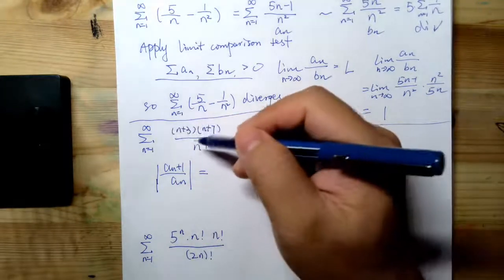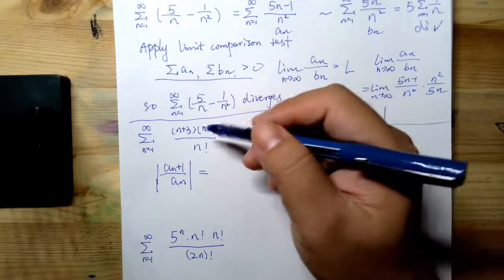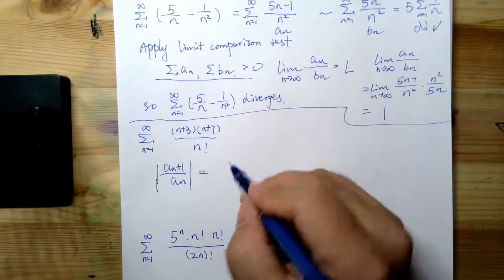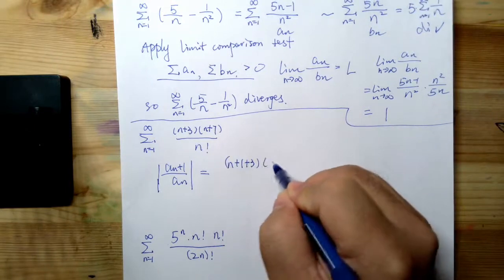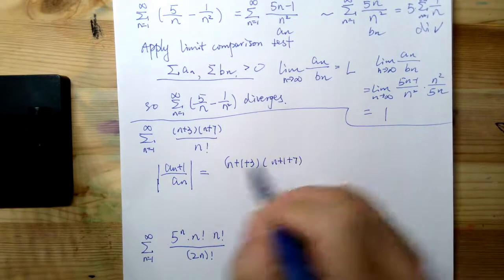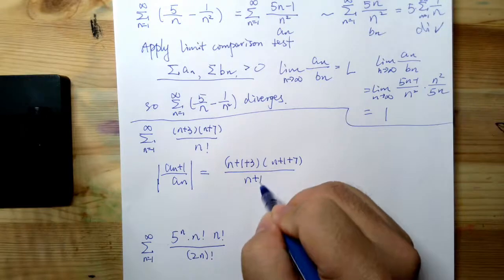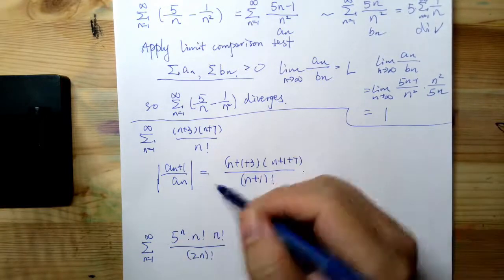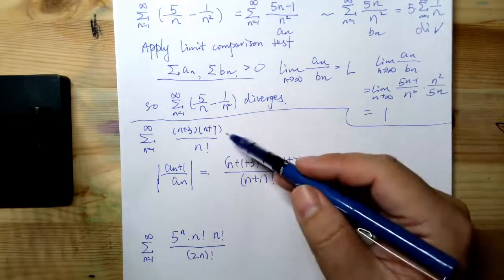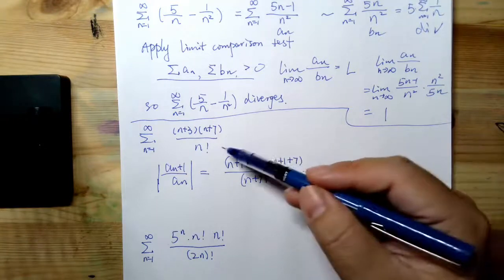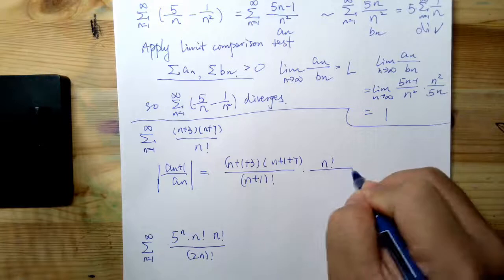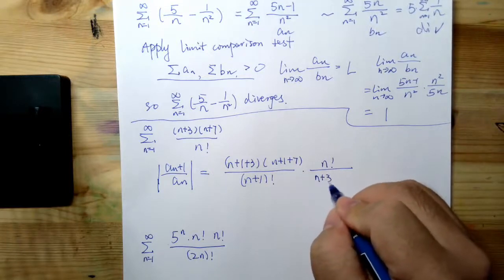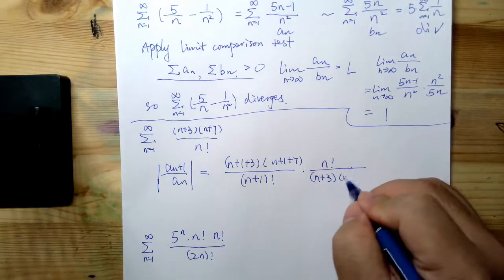Since the terms are positive, I have (n plus 1 plus 3)(n plus 1 plus 7) over (n plus 1) factorial, over a_n, which is multiplying by the reciprocal of a_n, so it's n factorial over (n plus 3)(n plus 7).